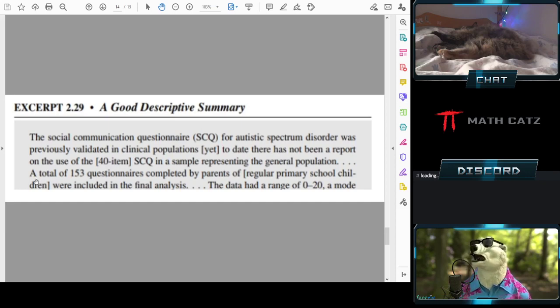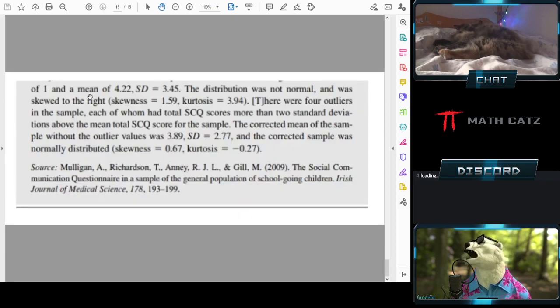Okay. Then they get to the specifics. A total of 153 questionnaires completed by parents were included in the final analysis. The data had a range and a mode of 1 and a mean and a standard deviation, all the important things. Distribution was not normal. We'll clarify what that means soon. Skew to the right, and they give the numbers. There were 4 outliers. Maybe in another area they did say how they were determining that. I'm just scanning over this.